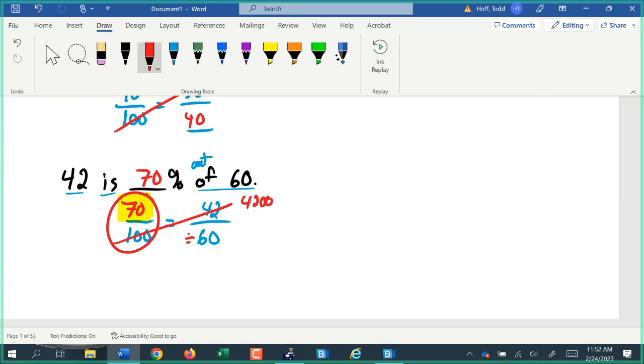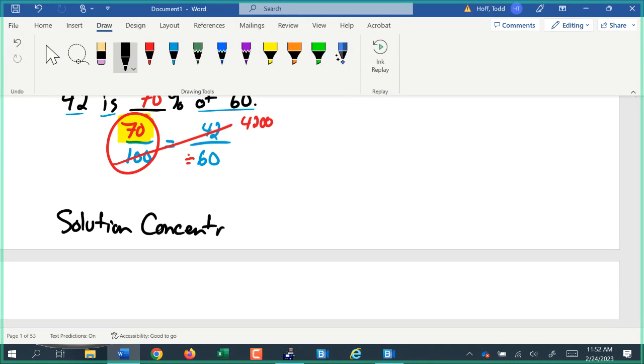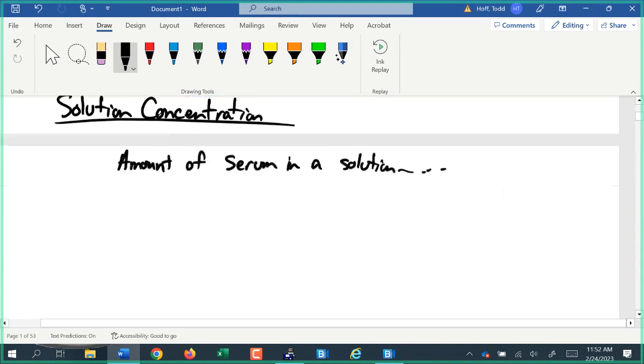Well, we also explored the rate method, and we've actually used that when we did our solution concentrations, where we saw that the amount of serum, that's the active ingredient in a solution, was found.